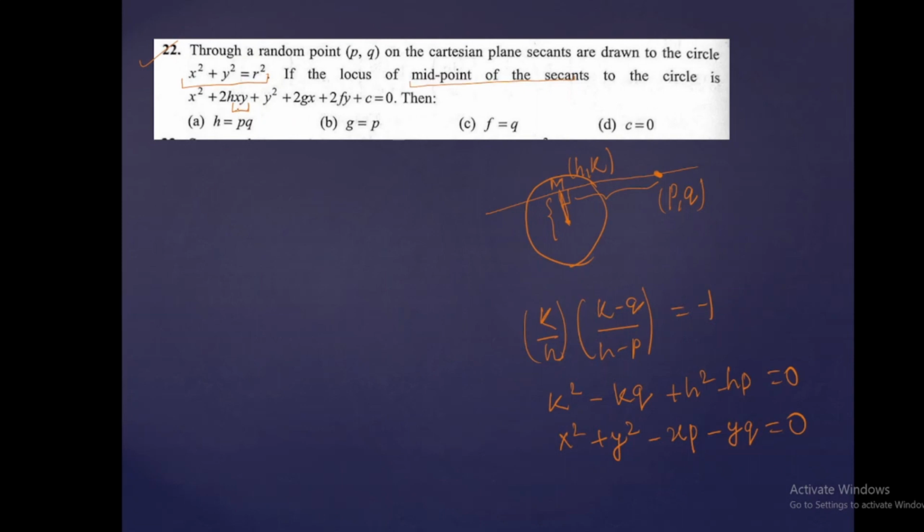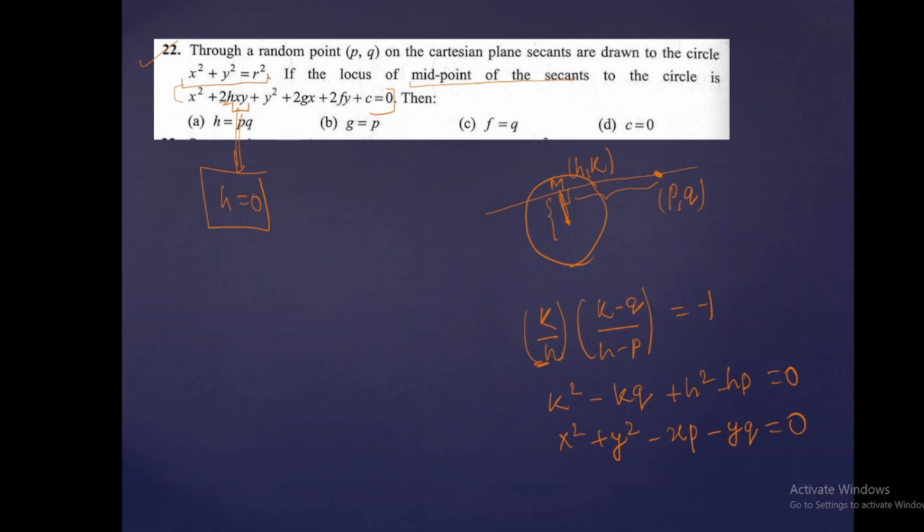So on comparing, you can see that h will be equal to 0, right? One thing to note is that the h here and the h used in the general equation are different. This is the general equation of a second-degree curve. And here we have used the locus symbol h comma k.